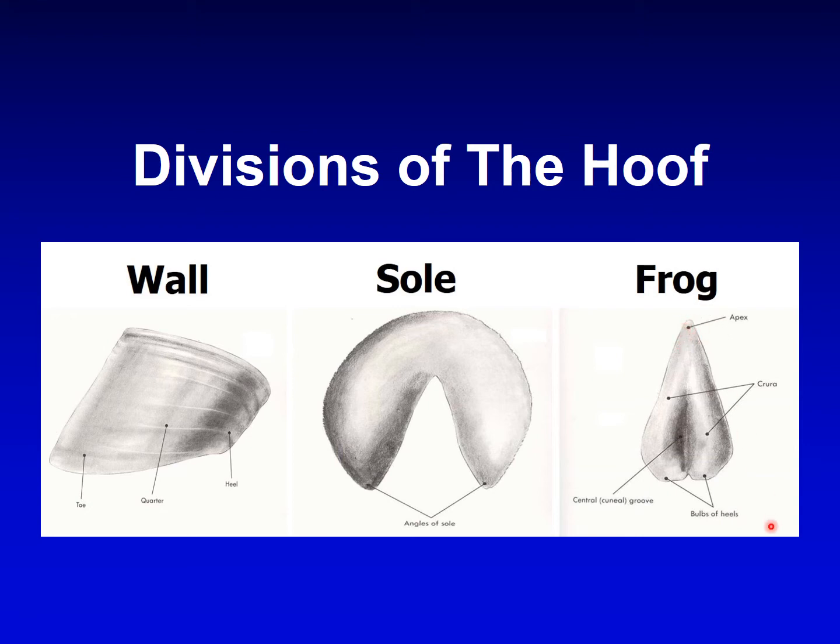Apex and bulbs. So the hoof consists of three parts: wall, sole, and frog. And the wall consists of three parts: toe, quarter, and heel. The sole consists of angles of the sole. And the frog consists of two parts: apex and bulbs.